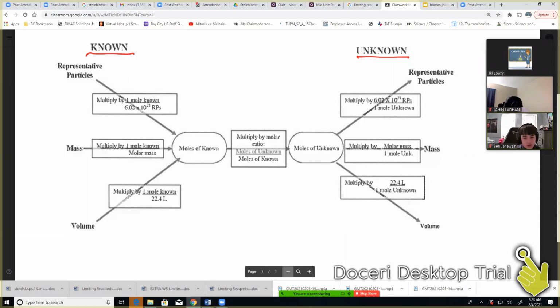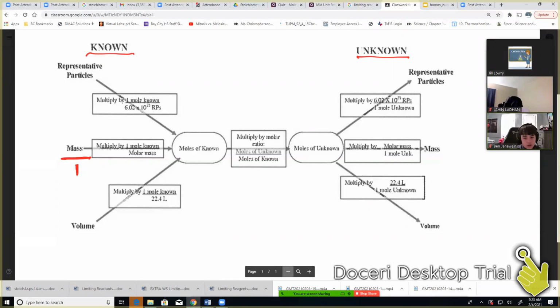If I have the mass of my known, whenever we do these problems, you'll actually want to put the mass over 1. It'll make it a little easier, kind of like we set ours up. Then this is what you would do. You would take your mass that you were given, and your first step tells you to multiply by 1 over the molar mass of your known.